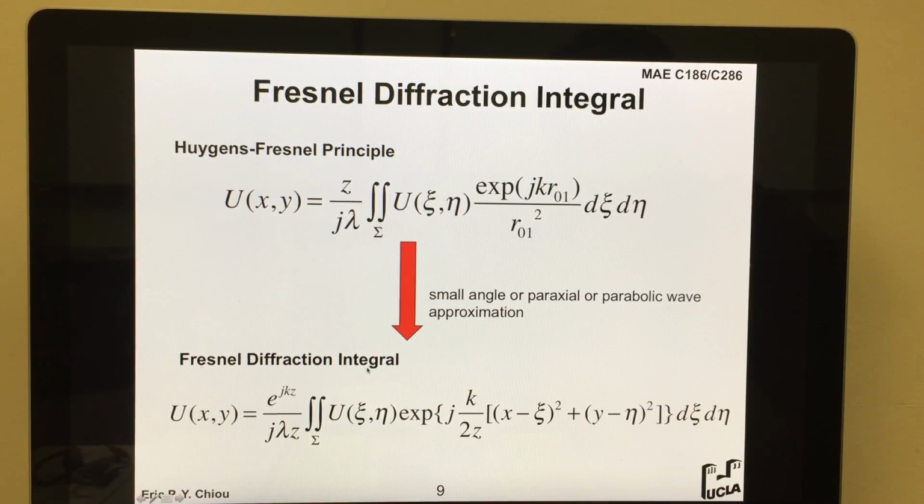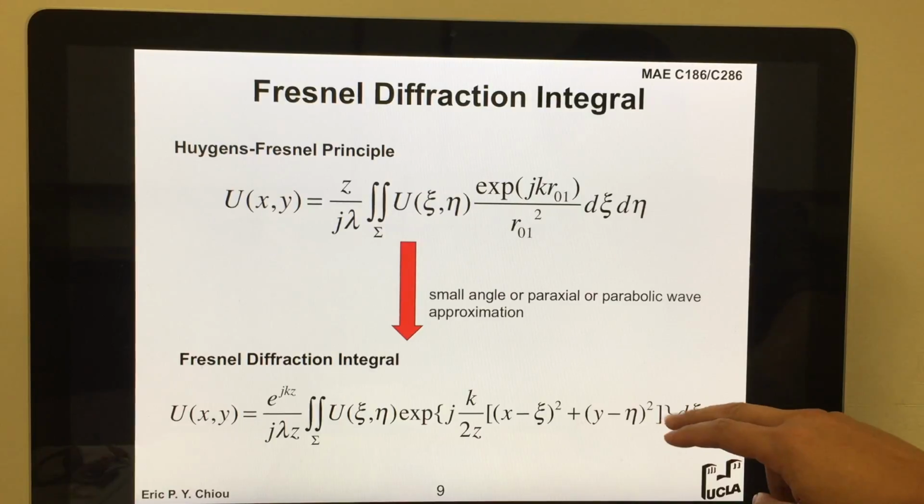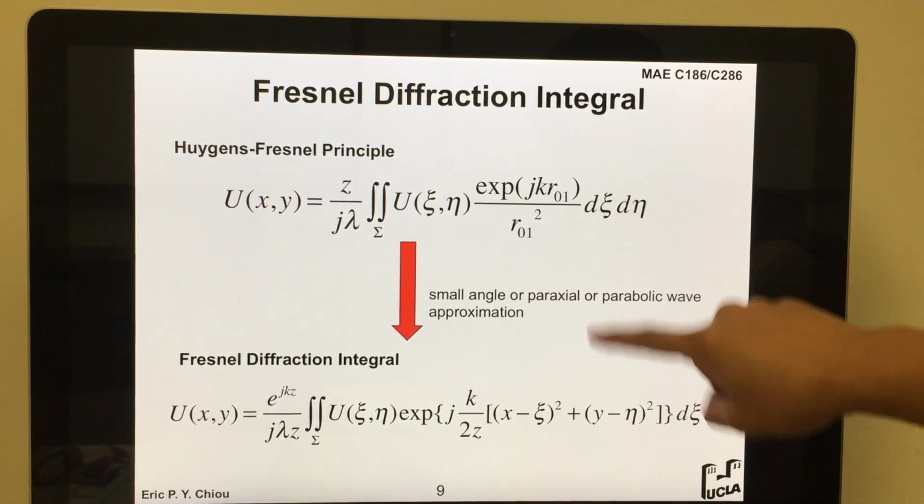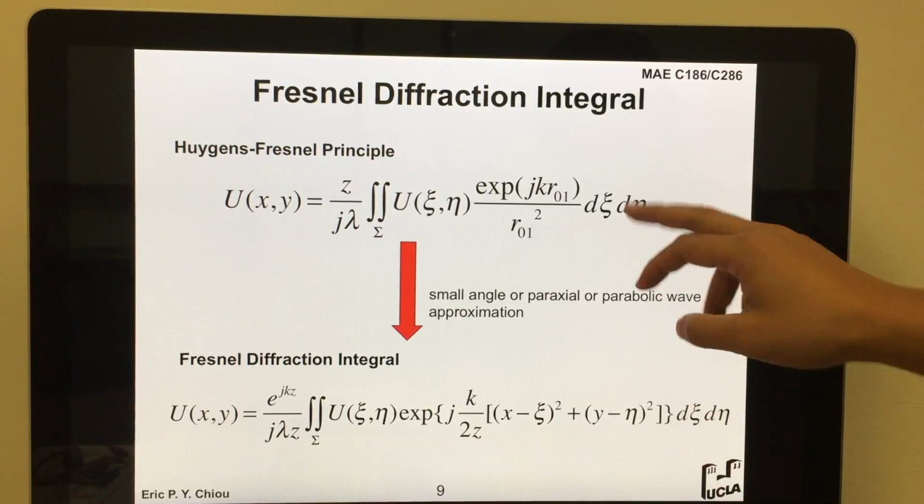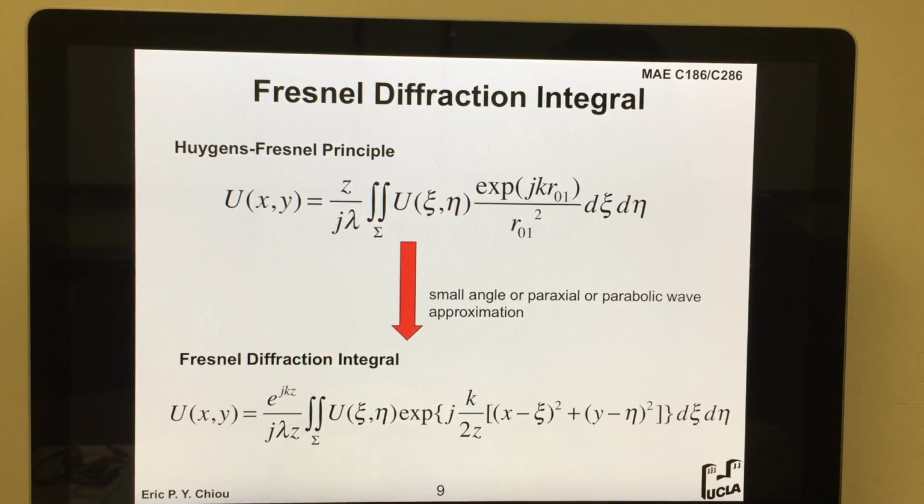So this is the Fresnel diffraction integral we get. We spent some time explaining how good this form is when you compare it with the original Huygens Fresnel integral.